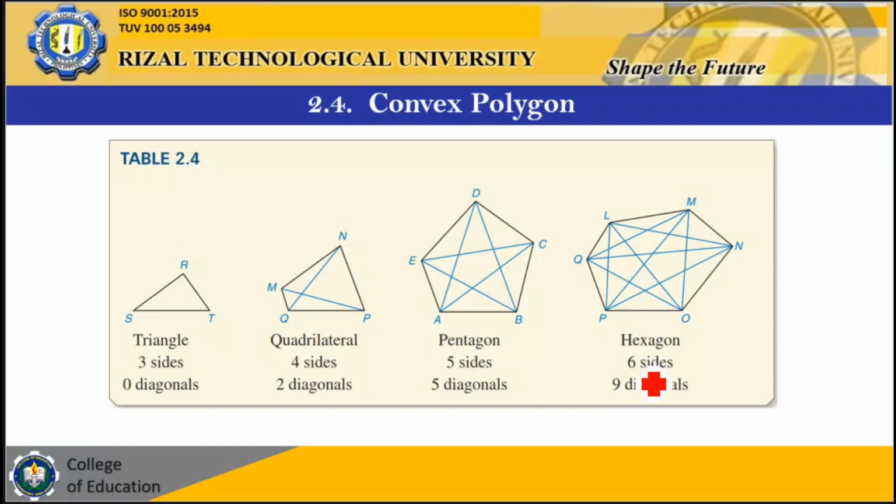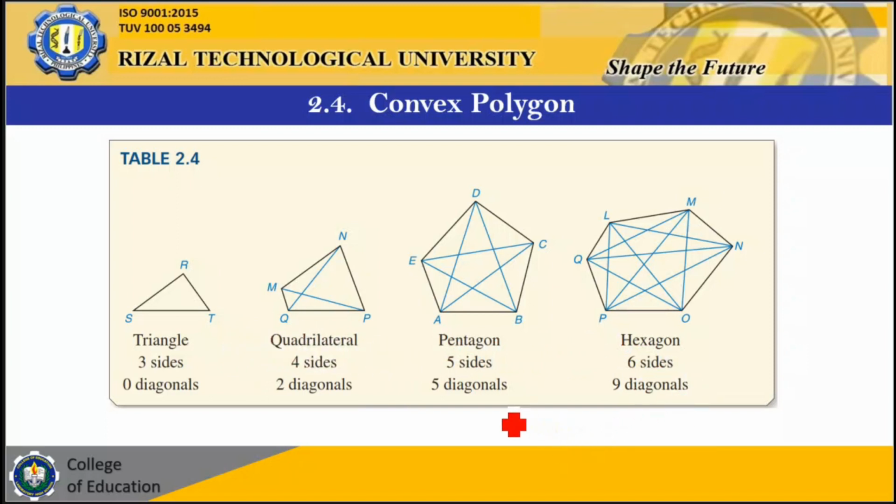We know that decagon has 10 sides, and a 25-gon polygon, a 100-gon polygon, an n-gon. So we're going to use a formula to determine the number of diagonals that can be found in a polygon except a triangle.